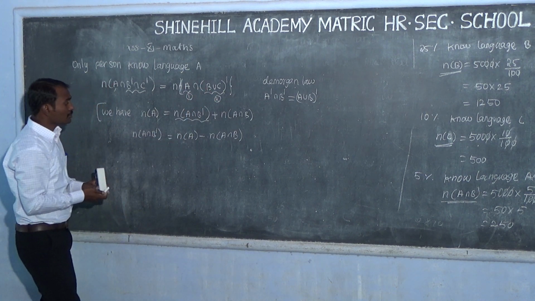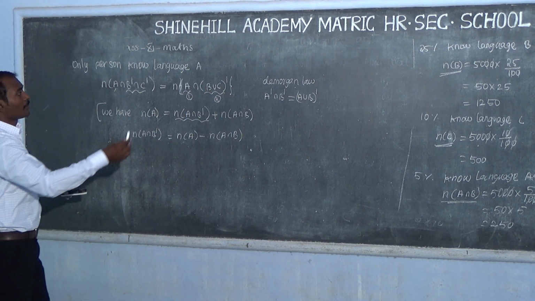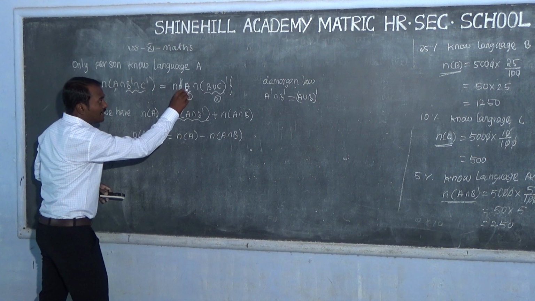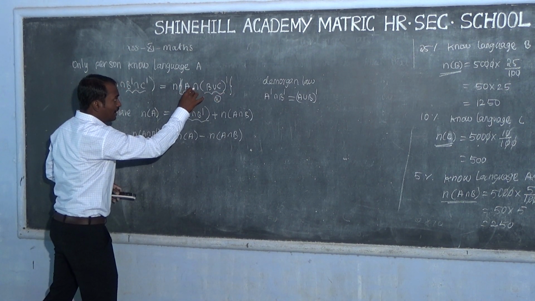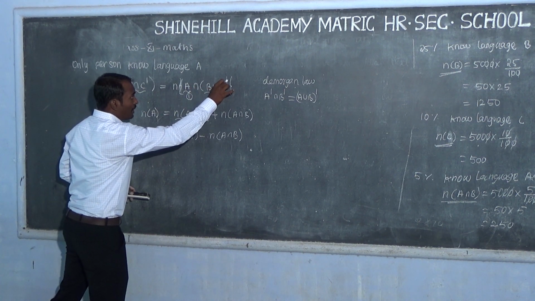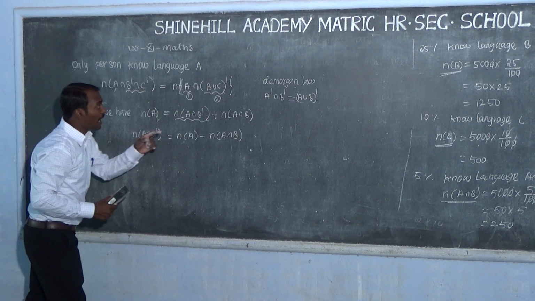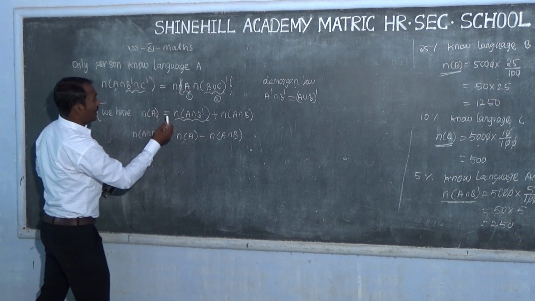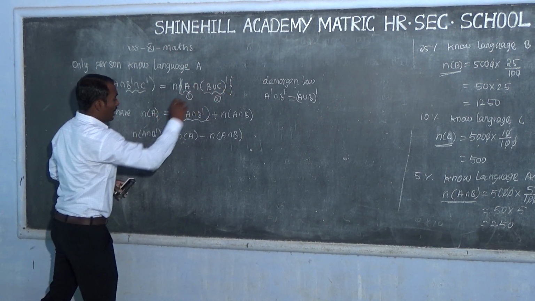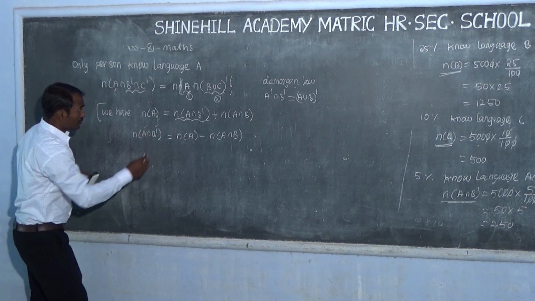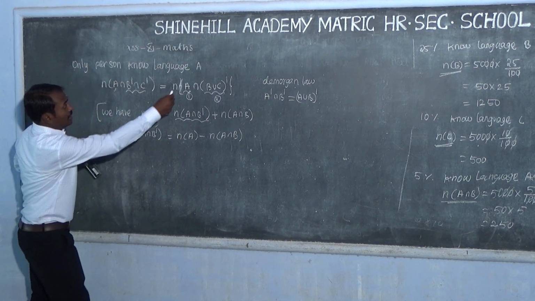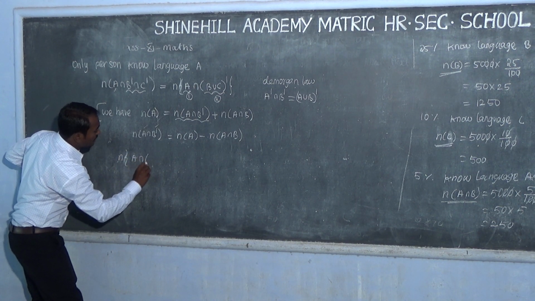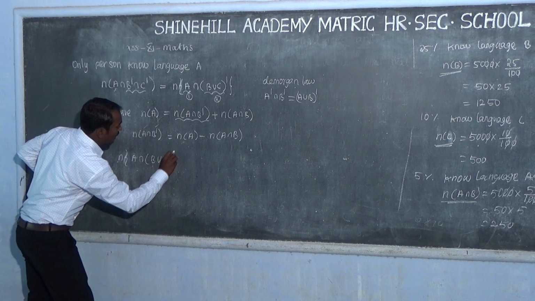Here also you see the values. This is the first part and this is the second part. First part is A and second part is the whole something with the power dash. So I consider the value for A as A and the total of this part as B dash. Then I can get n of A intersection B union C the whole dash.